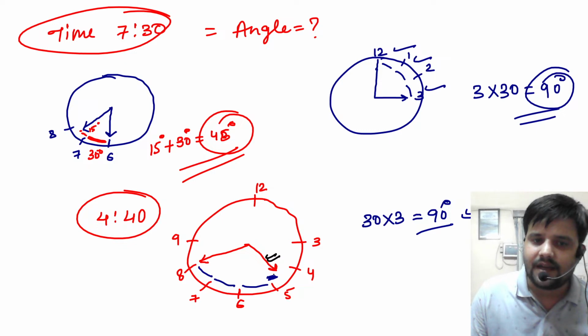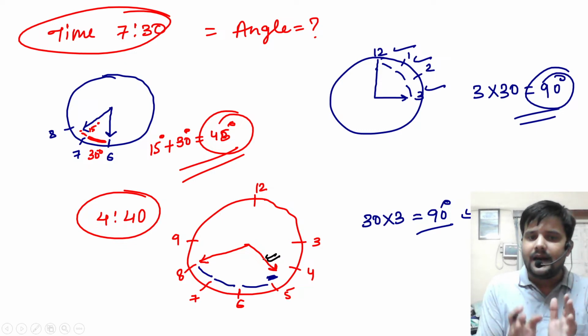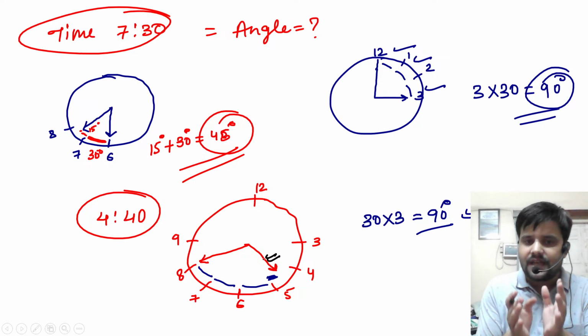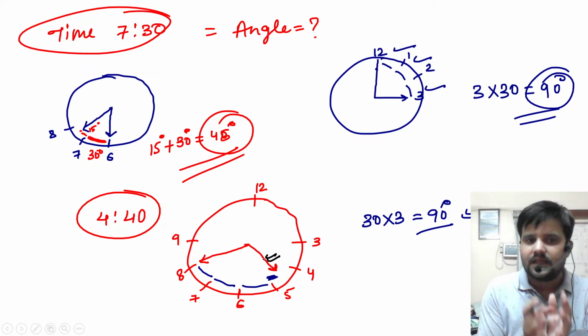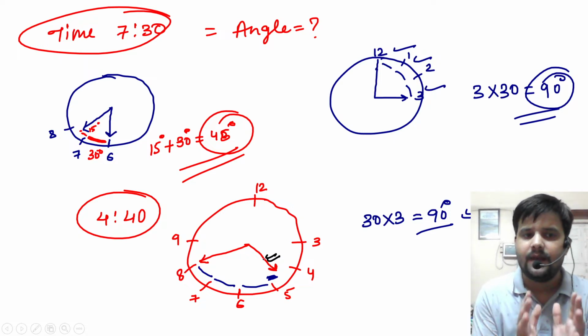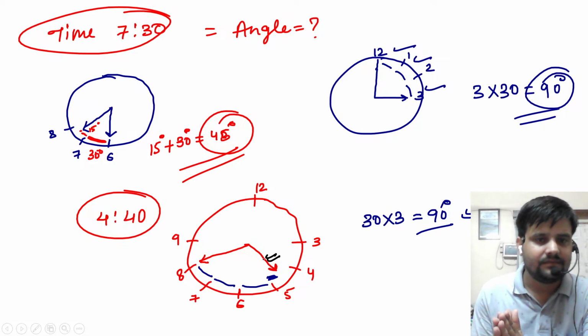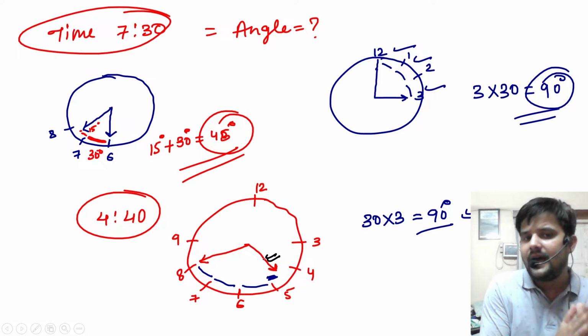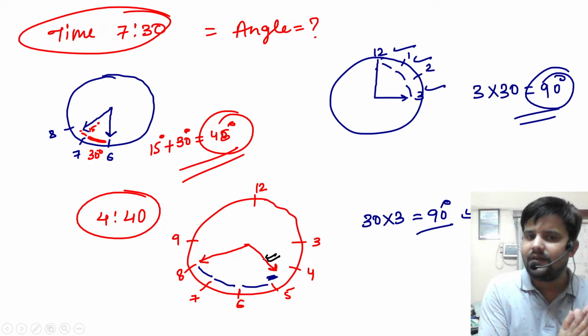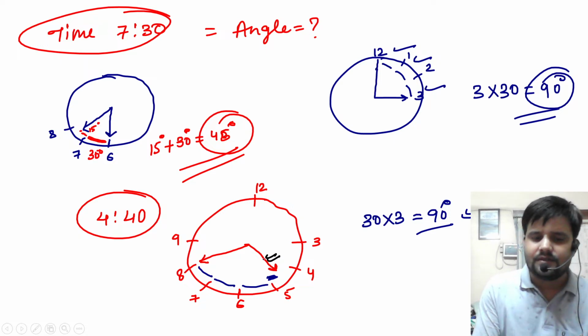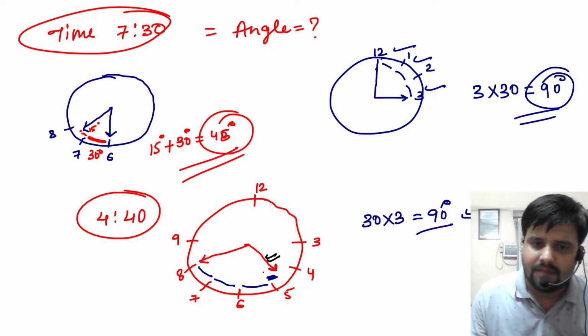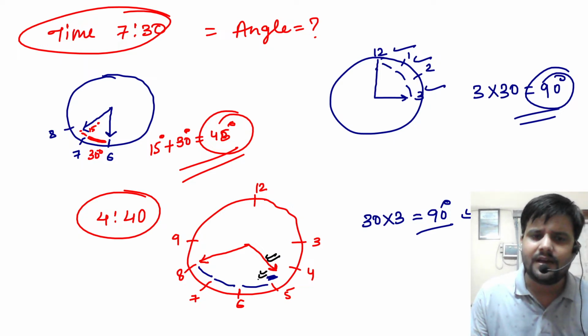This is the distance to be covered by the hour needle, and the hour needle will take how much time to reach 5? Now see here, listen again. Time is 4:40 now, and it is somewhere behind 5. When will the hour needle be at 5? It will be after 20 minutes, isn't it? So this is the distance covered by this hour needle in 20 minutes.